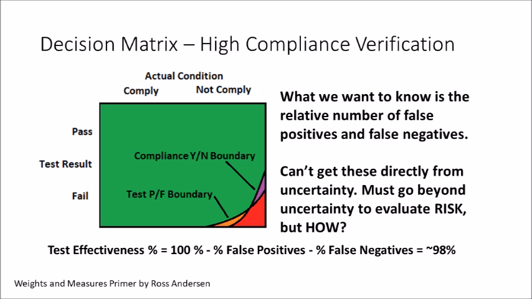Uncertainty can't get us there by itself. You have to go beyond uncertainty and integrate uncertainty and the population variability in order to come up with some kind of risk. But I think we can do it another way, and it's called the Monte Carlo method.